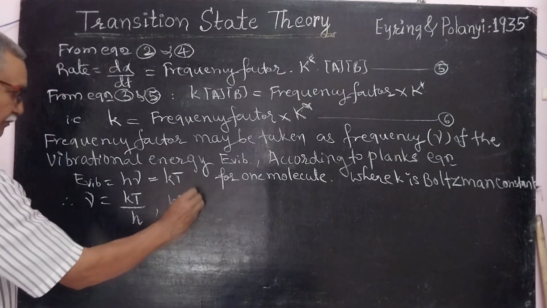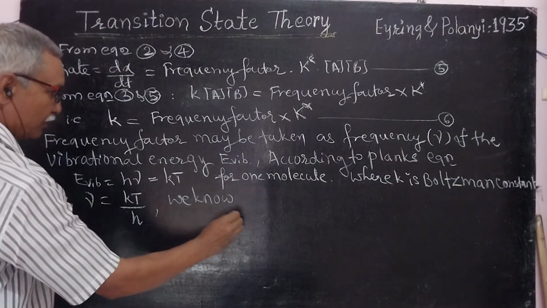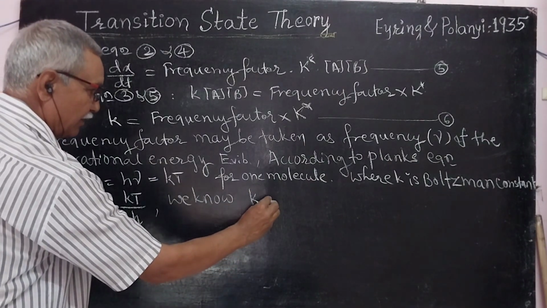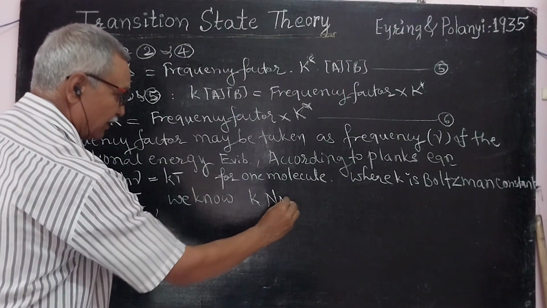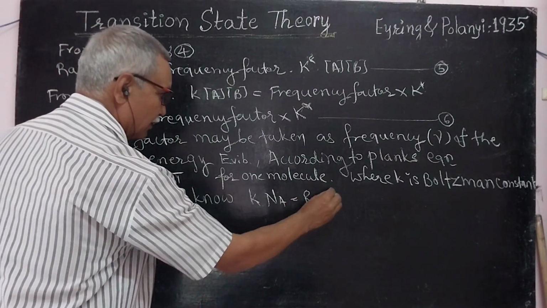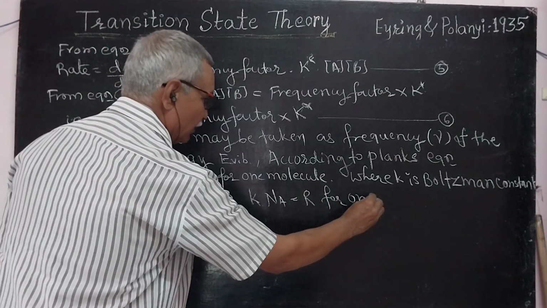We know k into Avogadro's number is equal to R, for 1 mole.